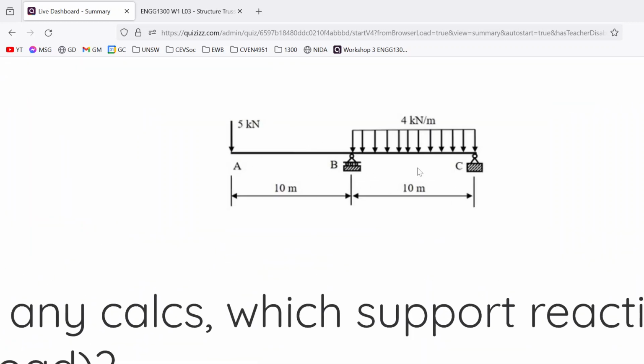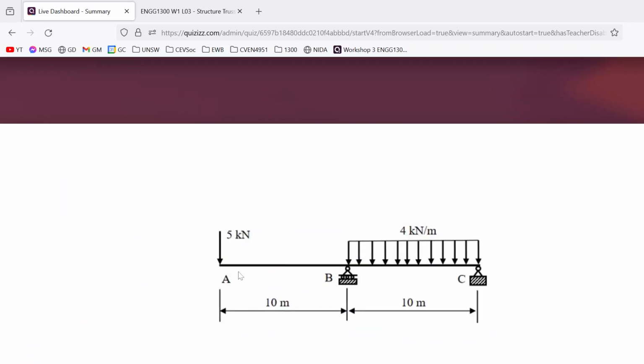If we completely ignored the part of the beam that's A to B, so if it's just B to C, B and C will be taking equal loads, because it's symmetrical.